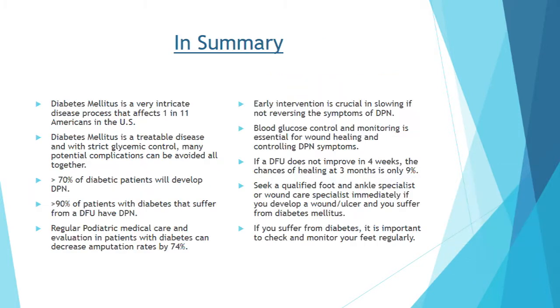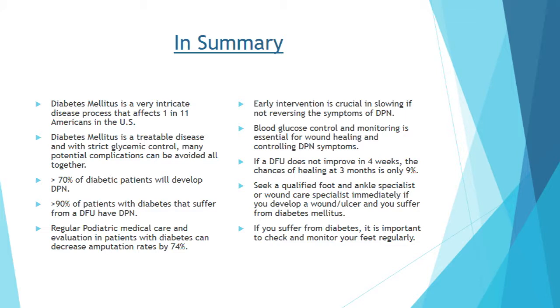So in summary, diabetes is a very intricate disease process that affects 1 in 11 people in the United States. Diabetes is a treatable disease, and with strict glycemic control, many of the potential complications can be avoided altogether. Greater than 70% of our diabetic patients will at some point develop peripheral neuropathy.